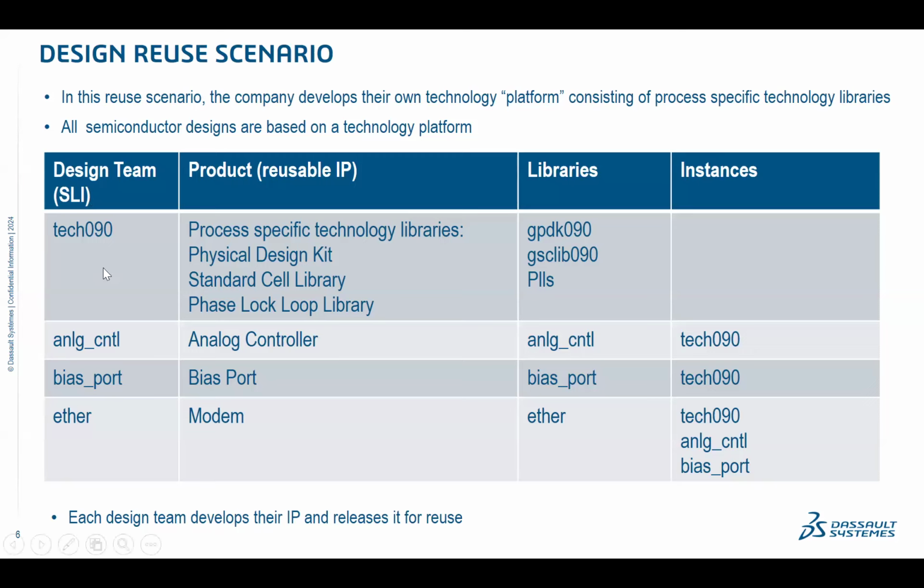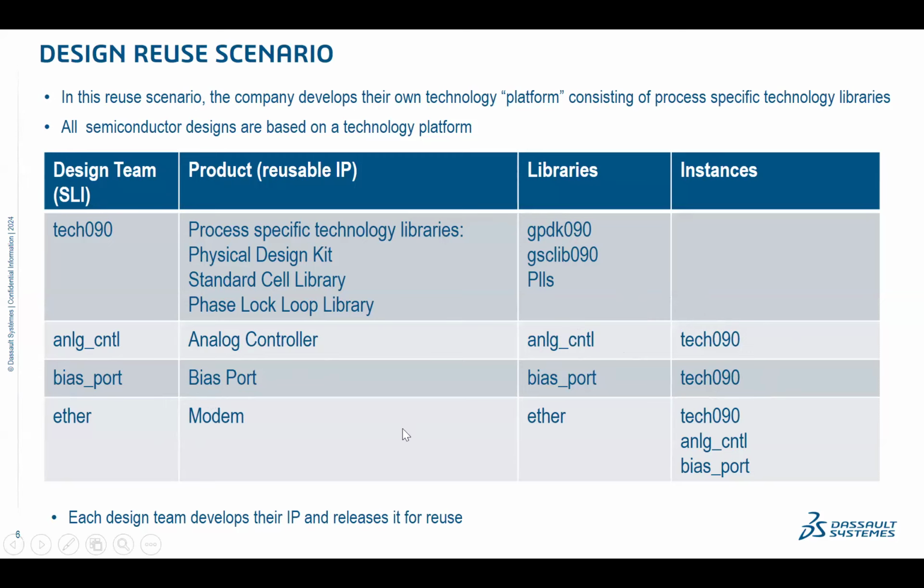There is a team building an analog controller, and it has a single library in it, but that library instances things from these libraries here. So this design is based on technology. We have another team building a bias port design that's also based on that technology. And then the one we'll demo today will be a team called Ether.